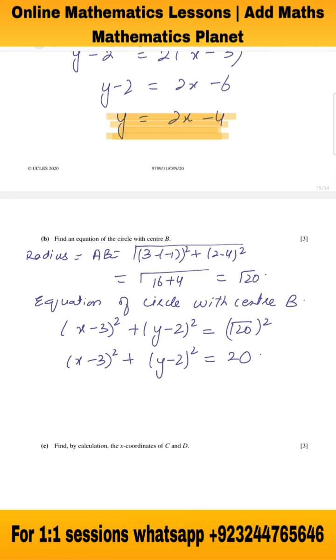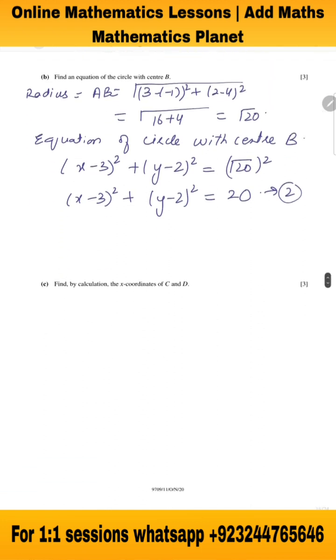Okay, so how are we going to equate them? We can put y is equal to 2x minus 4, this is equation 1, and this is 2. Put 1 in 2.